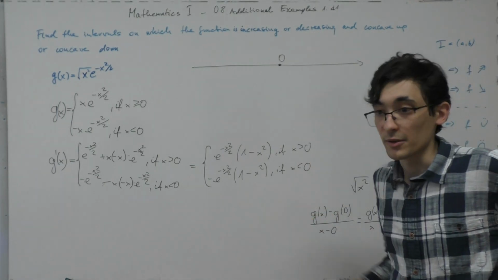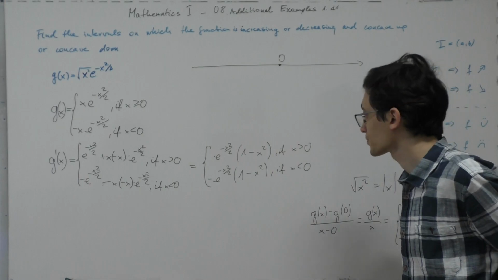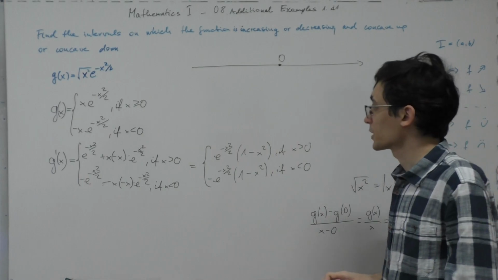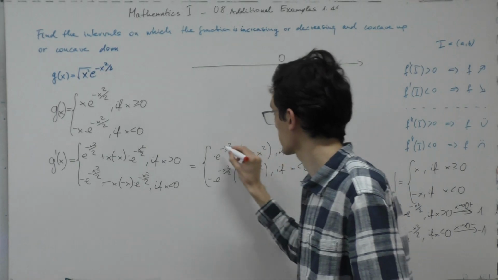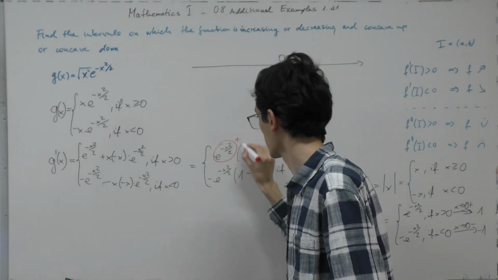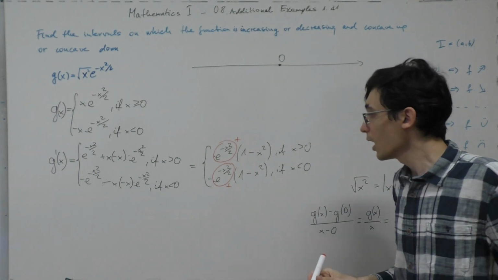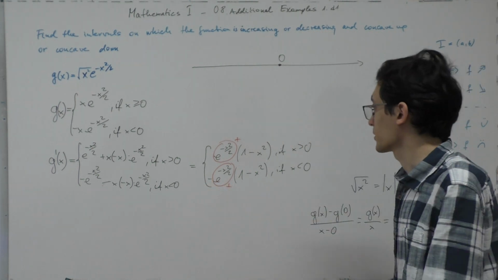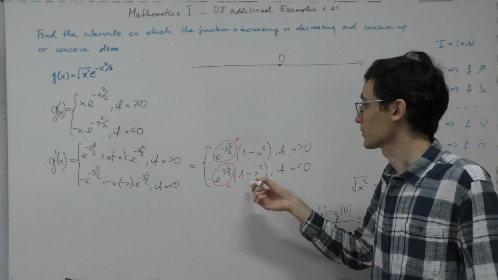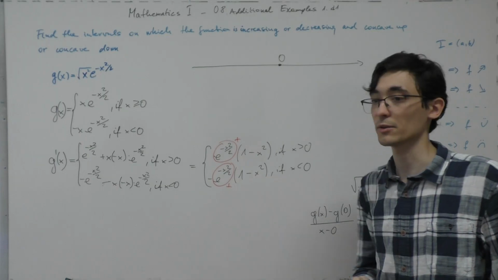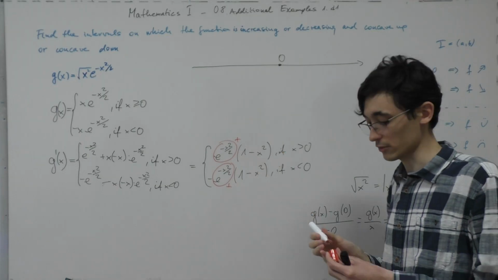Now we have to find the zeros of this function, which will be quite easy since this is positive, this is also positive, negative one is negative, so we only need to find the zeros of this factor, which is the same in both functions.